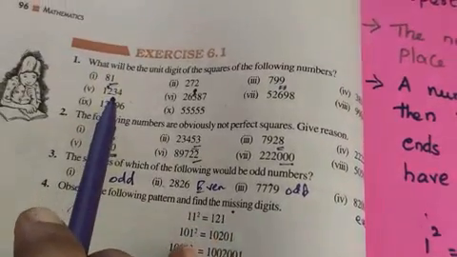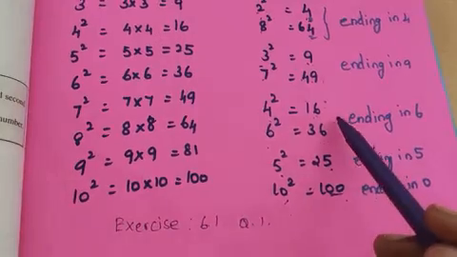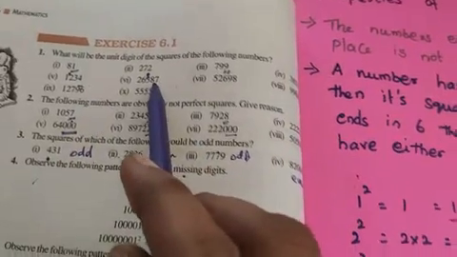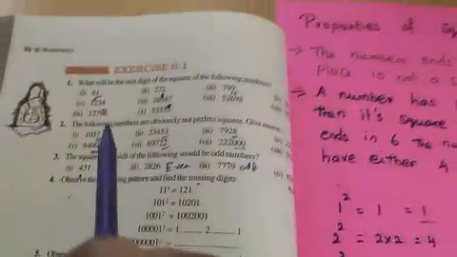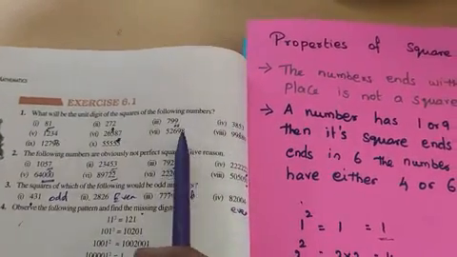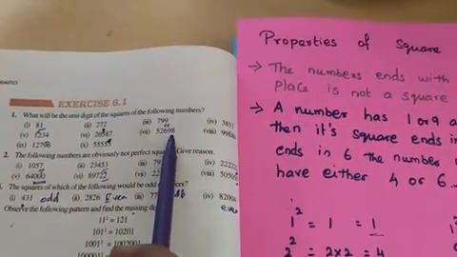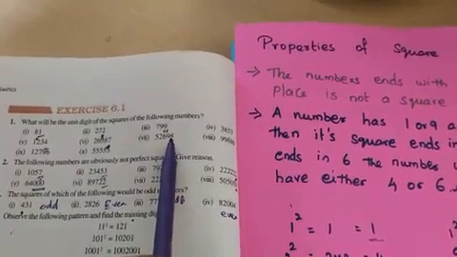And unit place is 4 for you. So unit place 4 means the square of that number ends with 6. And if you see unit place 7, it will end with 9. So like that, the rest of the questions you can solve. If unit place is 8, the square will end with 4.